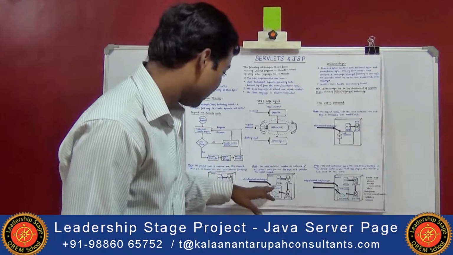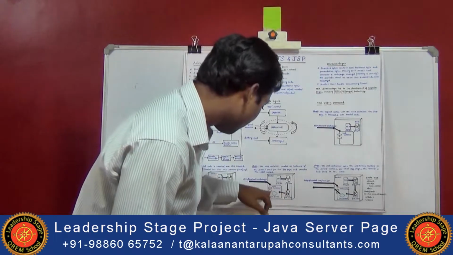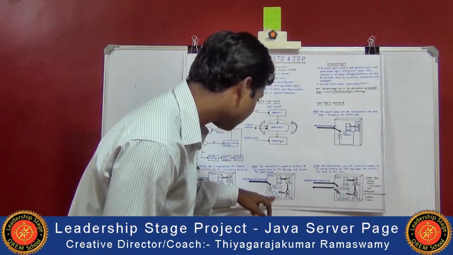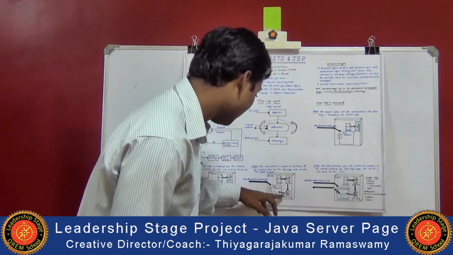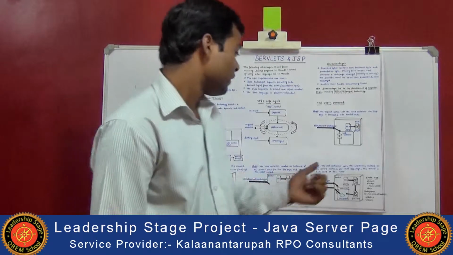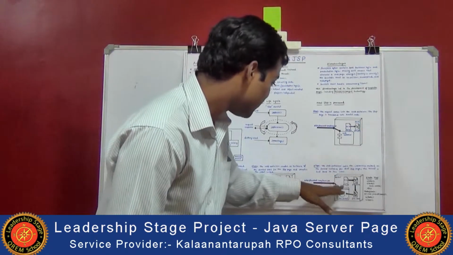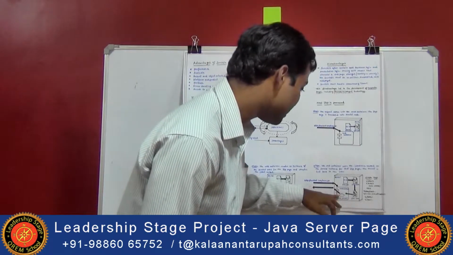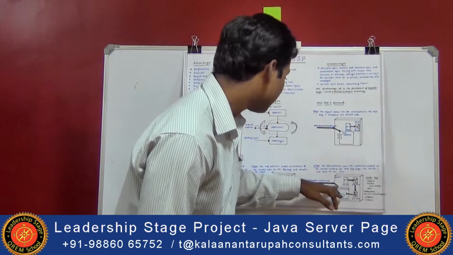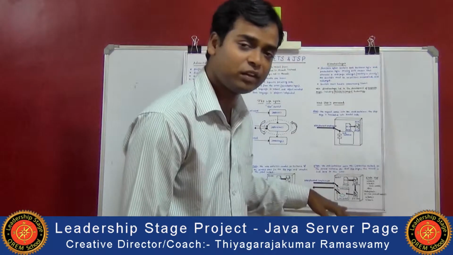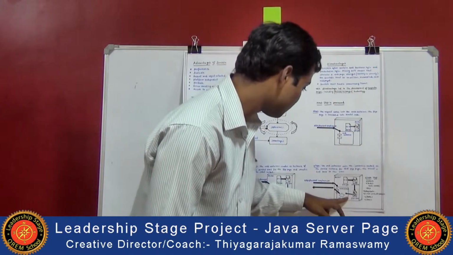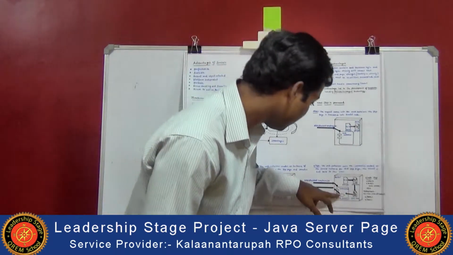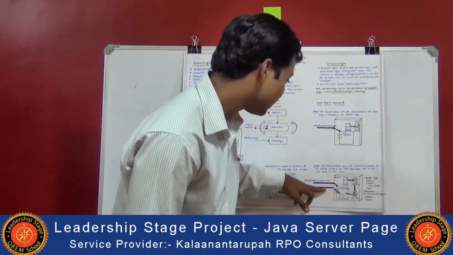In the third step, the web container creates an instance of the servlet class for the JSP file and executes the JSP init method. In the fourth step, the web container calls the JSP service method. That is, the request and response processing is taken care of by this JSP service method on the servlet instance for the JSP. The result is sent back to the user.